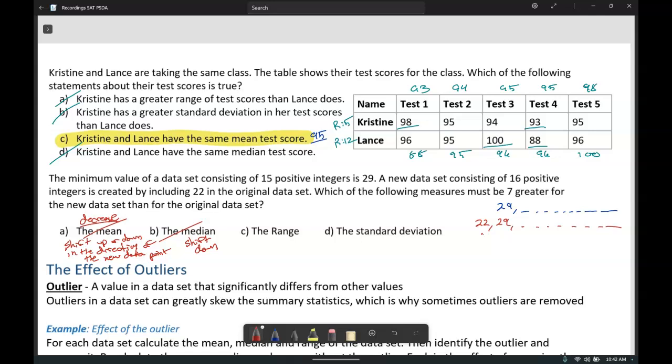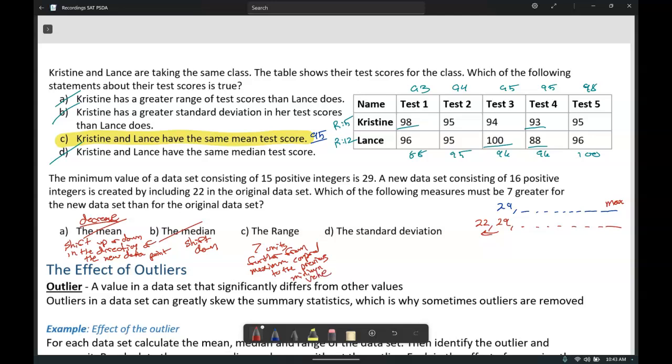By adding in this data point, this minimum value is now 7 further away from the maximum value. Whatever our maximum is, our range is now 7 units further compared to the previous minimum value.